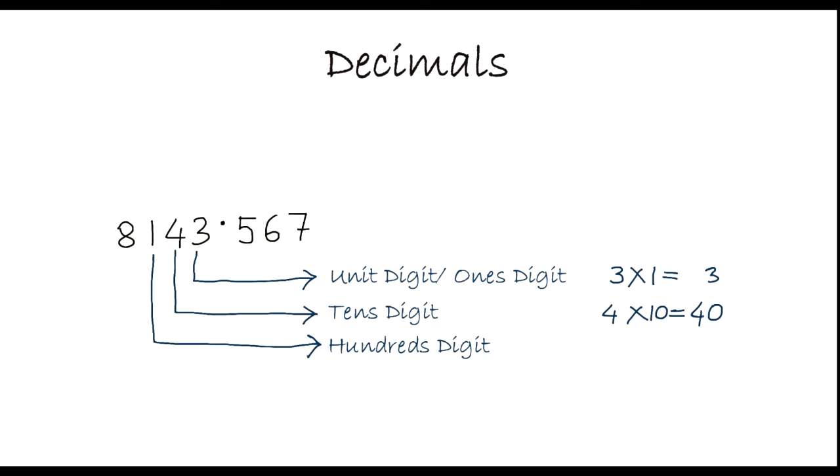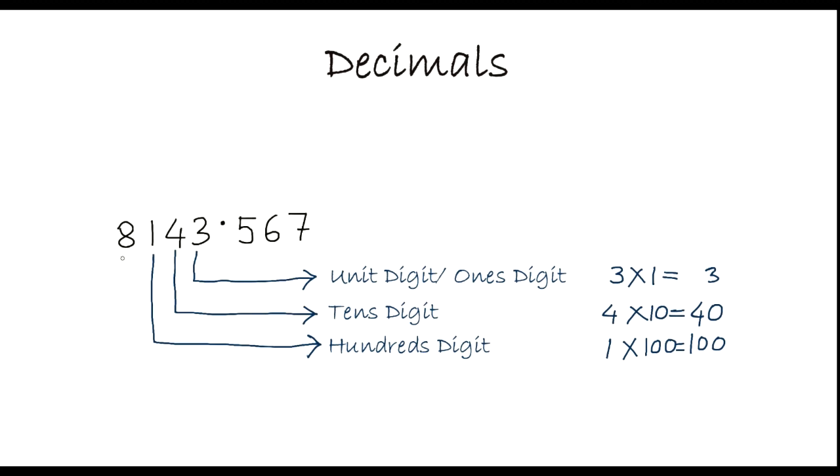The value will become 1 multiplied by 100. Because there is only 1 and we have to multiply by 100, we get 100.